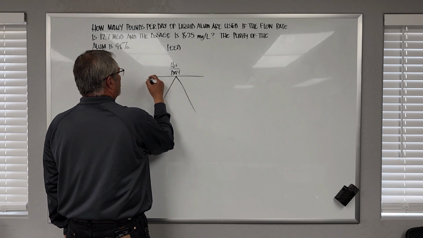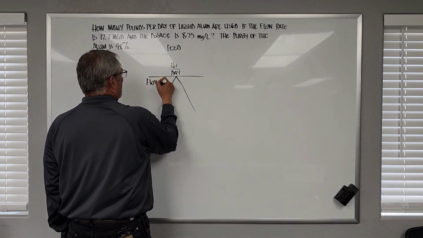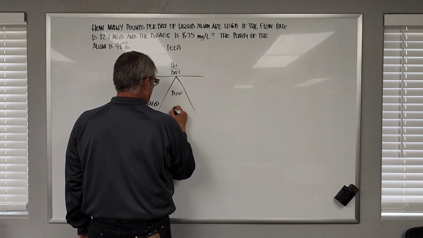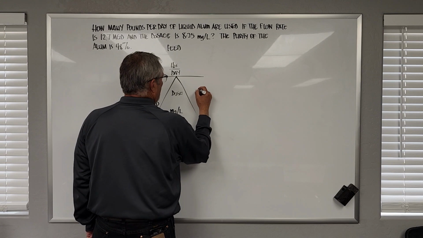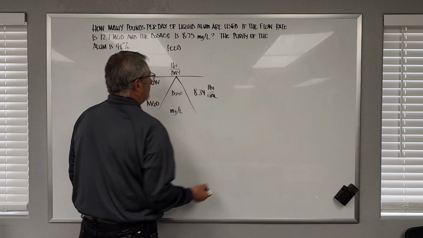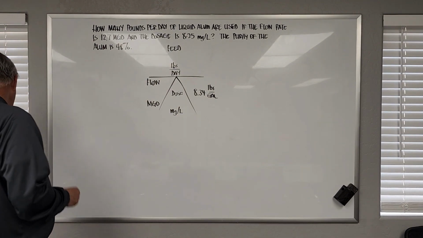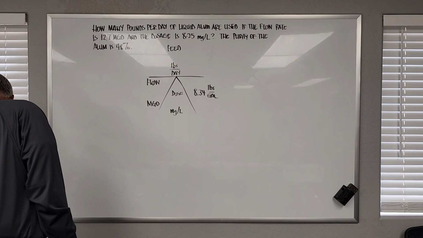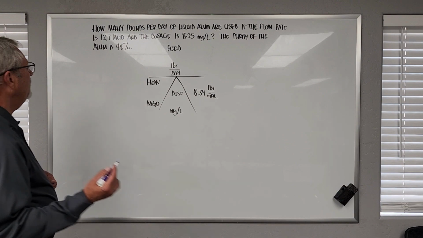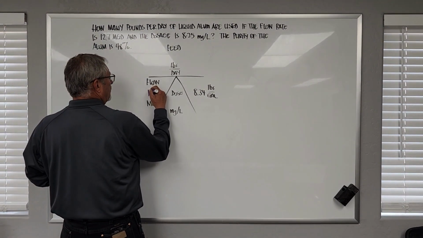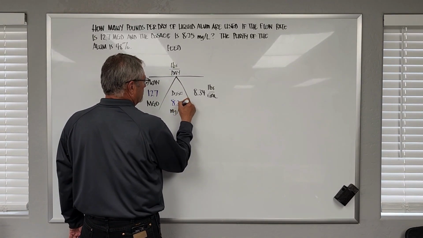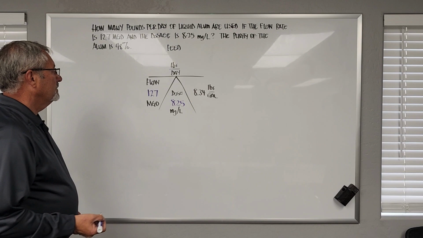we're going to start with the same formula. Okay, how many pounds per day of liquid alum are used if the flow rate is 12.7 million gallons per day and the dosage is 8.25 milligrams per liter?